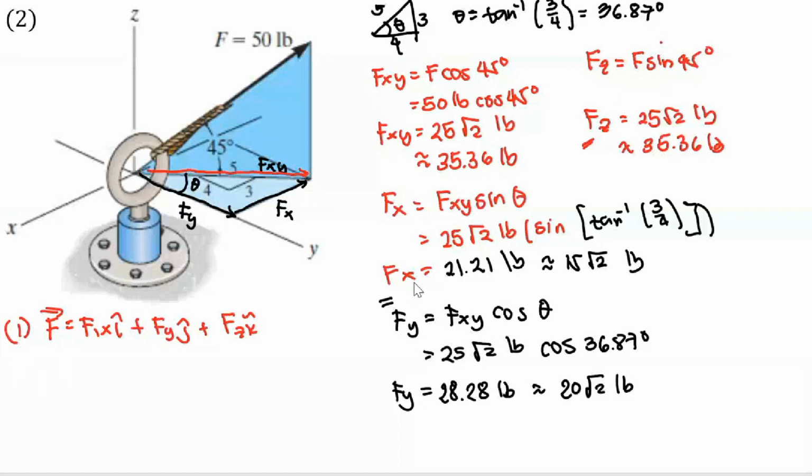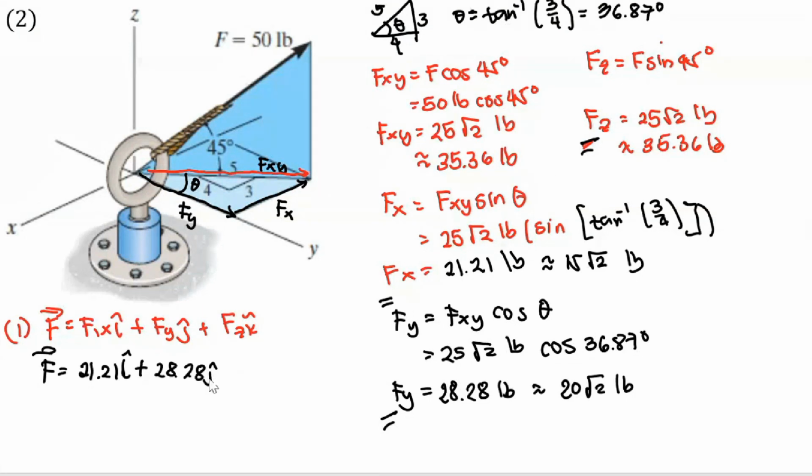Meron na tayong fx, meron na tayong fy, meron na rin tayong fz. Let's go now for our force Cartesian vector. So since this is a final answer, ang gagamitin ko yung decimal na 21.21 I hat. I will be using 28.28 here kasi this will be the final answer on your seat work, J hat.